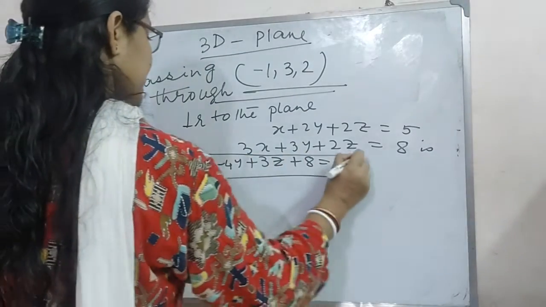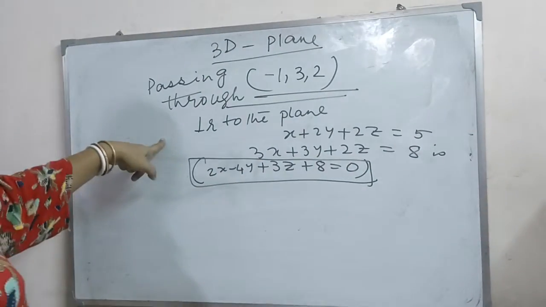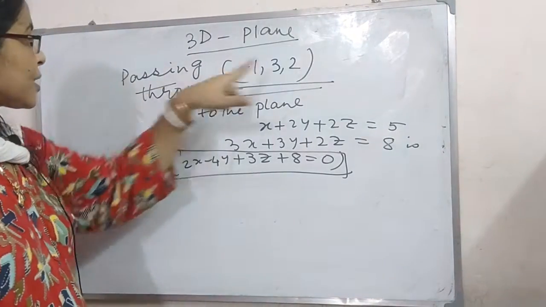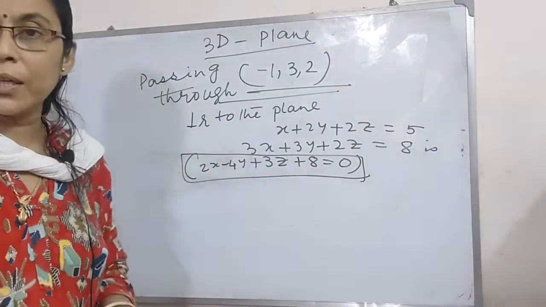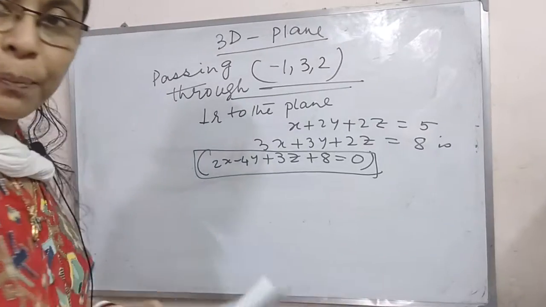We have to show this. The plane is passing through this point and perpendicular to these two planes.